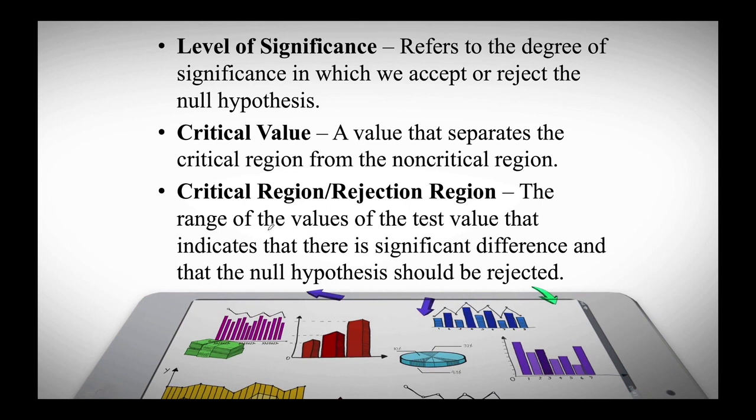For example, you rejected the null hypothesis at what level of significance? Gaano ka-significant yung pag-reject mo or yung hindi mo pag-reject sa null hypothesis. It can be around 0.1, 0.05, 0.025, something like that. Those are the most common levels of significance that we are using.